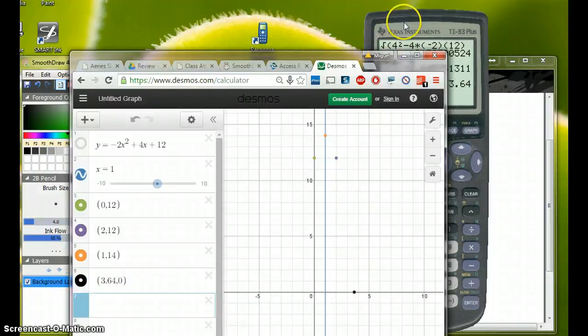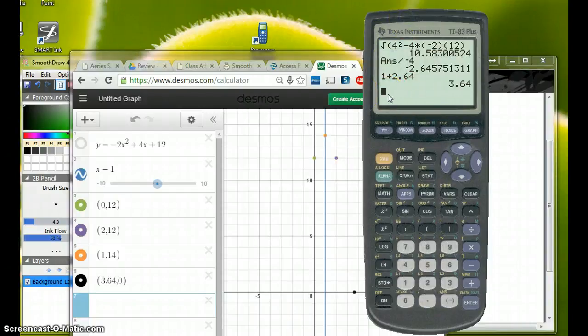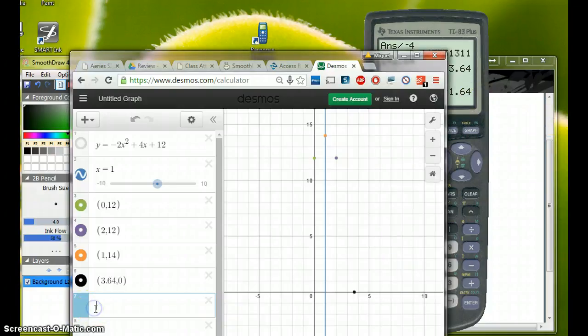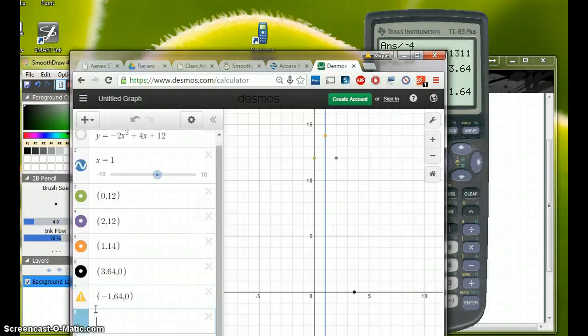That's one intercept. And 1 minus 2.64, negative 1.64. There we go. So there's my x-intercepts.